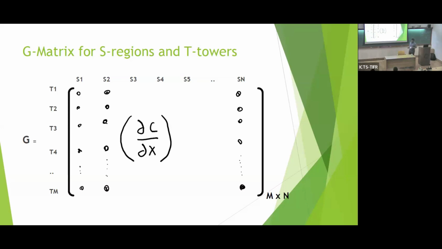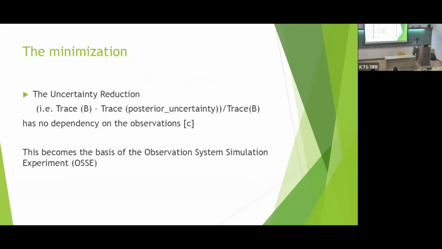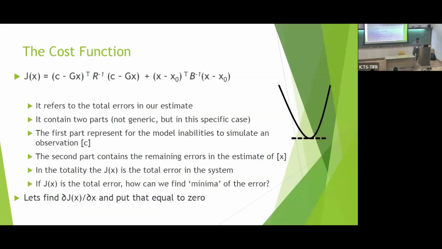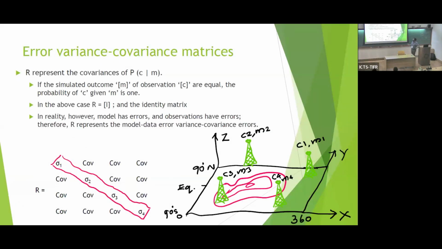Now for that, I need to go back to my slide. Here, how many observations did I have? 4 observations, right? I can simulate a first case, case 0, case 1, with some given x. I'll get a value of C at tower 1, 2, 3 and 4. That's your first column of the G matrix.